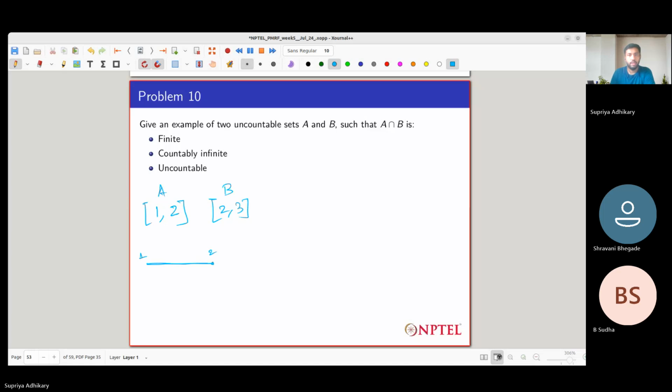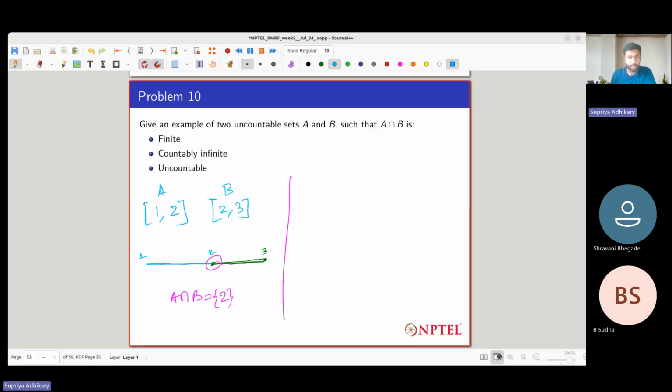All the elements will be different. The only point that belongs to the intersection is 2. So A intersection B would be a singleton, which is a finite set.